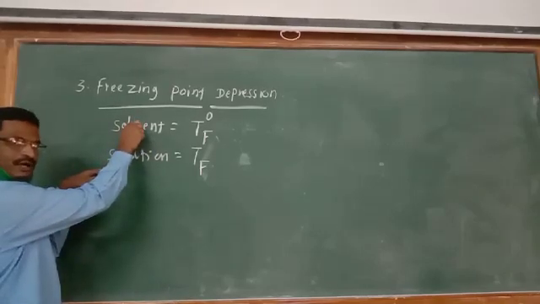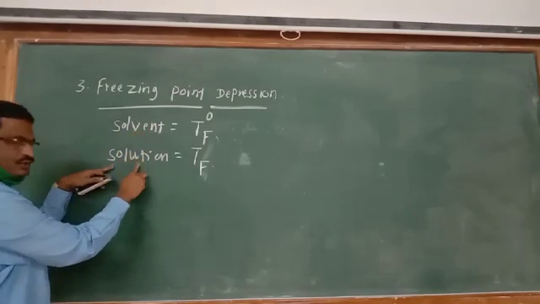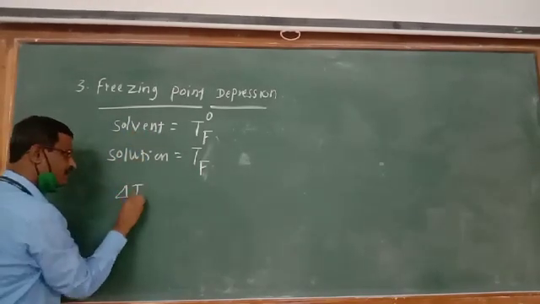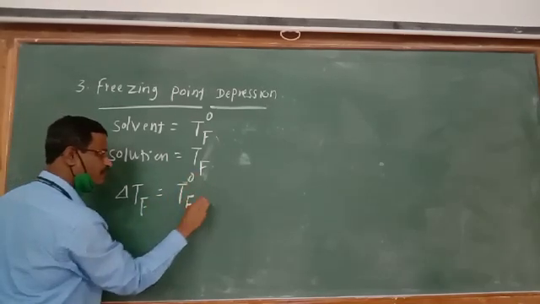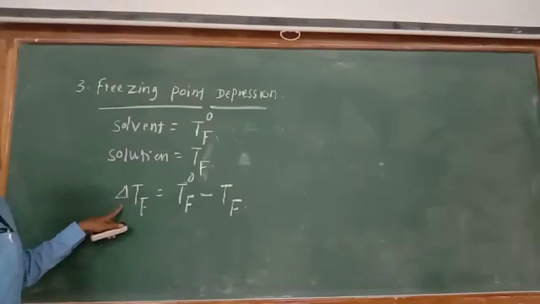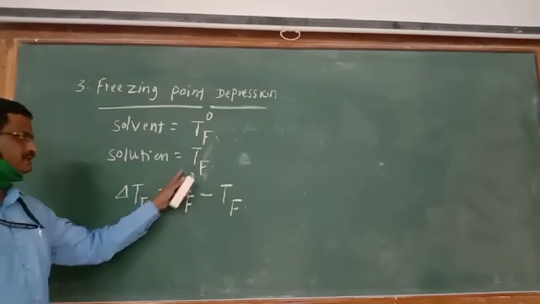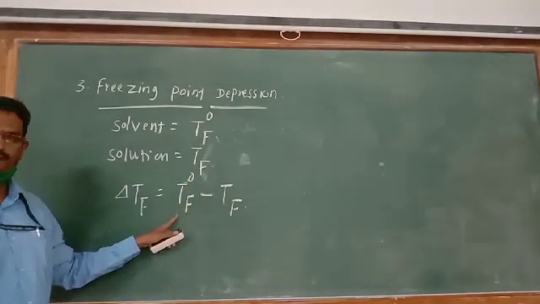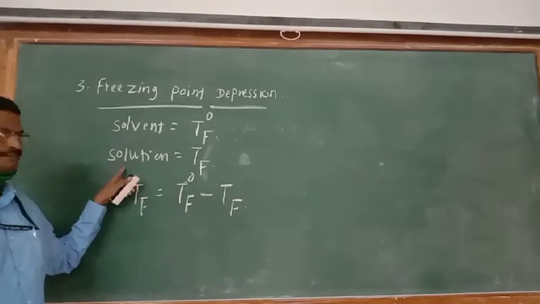That difference, delta TF, is equal to T0F minus TF, and it is known as depression of freezing point. Here T0F is the freezing point of pure solvent and TF is the freezing point of solution.